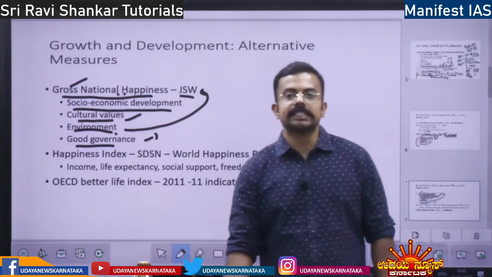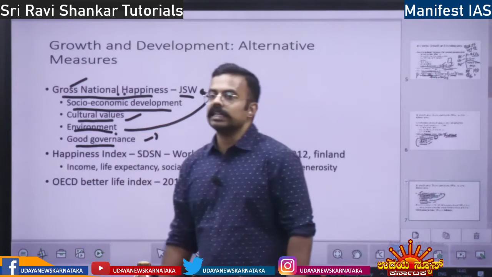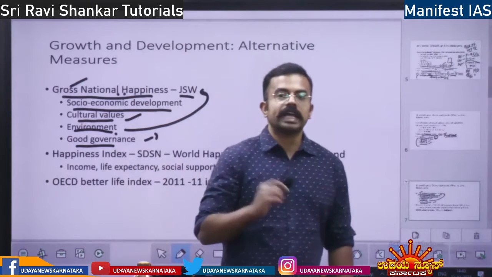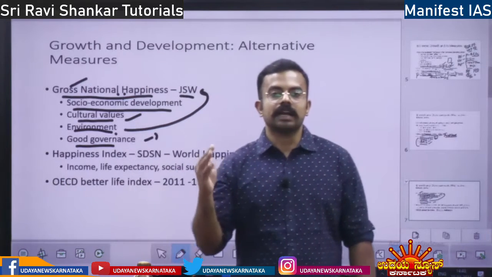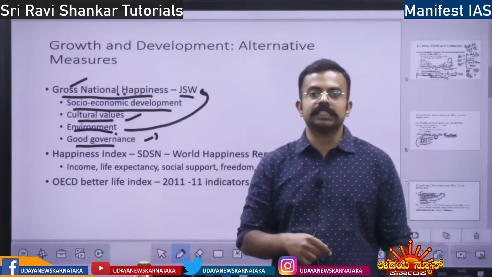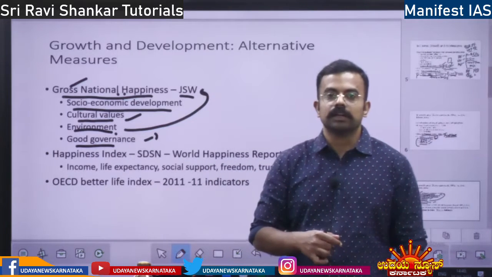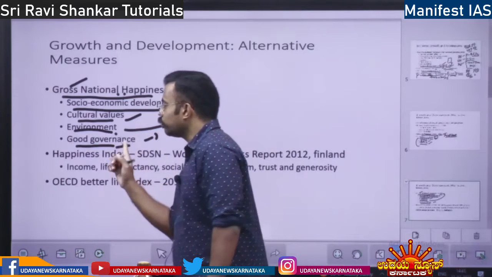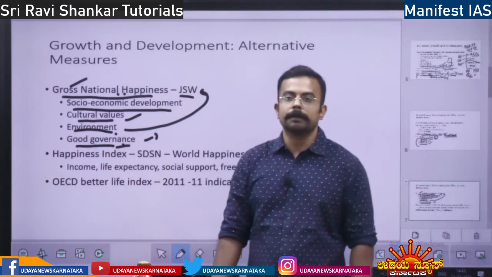If you travel by KSRTC, there is cleanliness in the bus, it arrives on time, drivers and conductors talk to the passengers in a good way. When that happens, we can call it good governance in the transport sector.